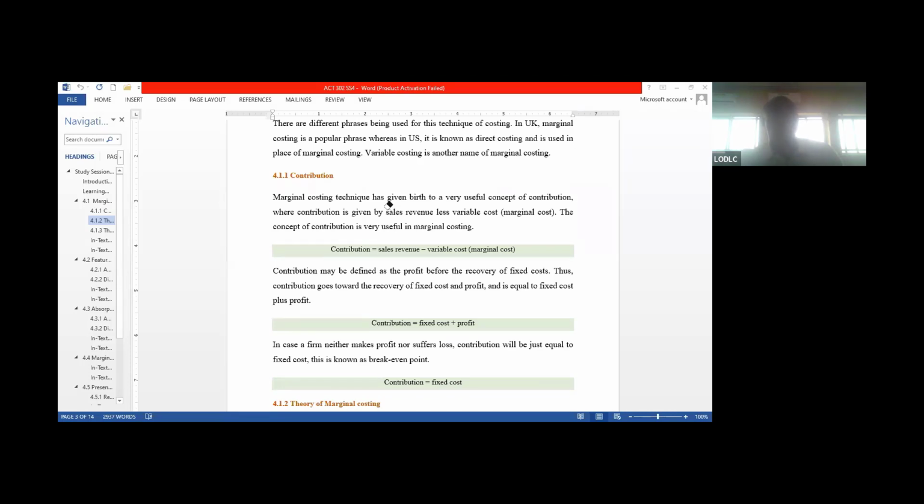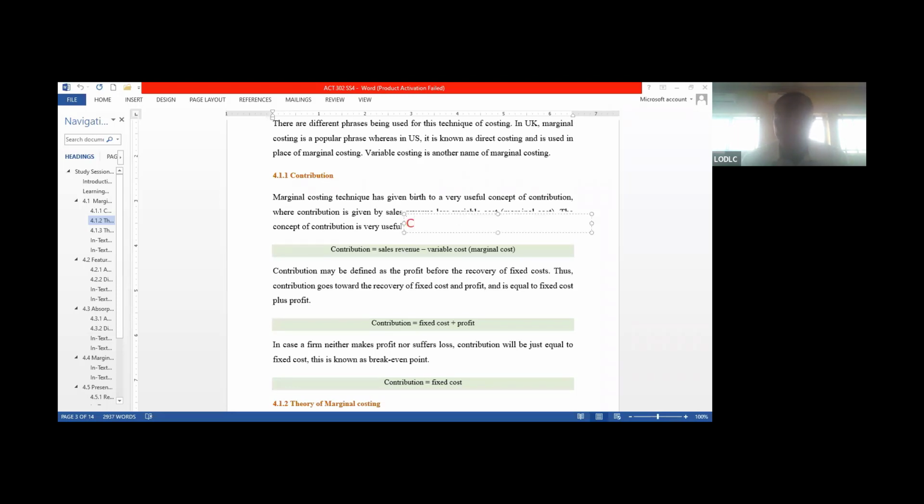There may be a situation whereby the business neither gains nor loses. That is when the organizations break even. When the organizations break even, automatically there is no profit. Look at what I'm saying here.